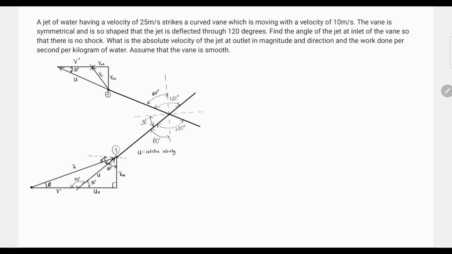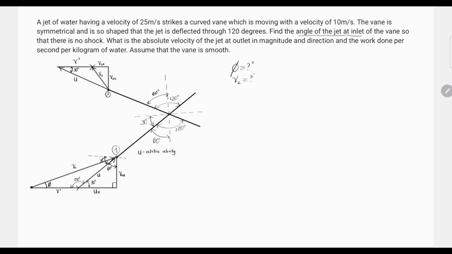So for this problem, ano ba yung mga pinapahanap? So, angle of the jet at inlet. So, ito yun. Angle of the jet at inlet, degrees. Absolute velocity of the jet at outlet. Meaning to say, your V2. In magnitude and direction.